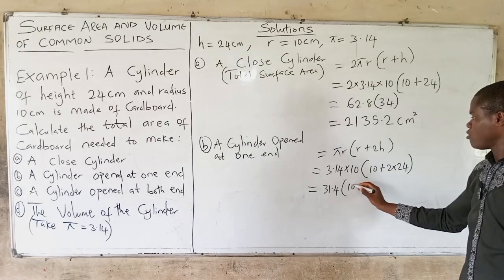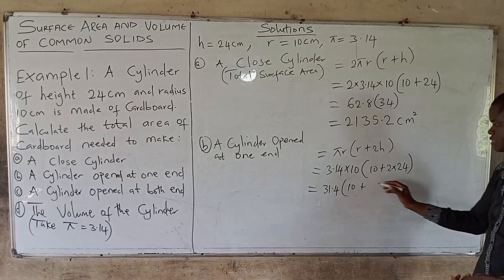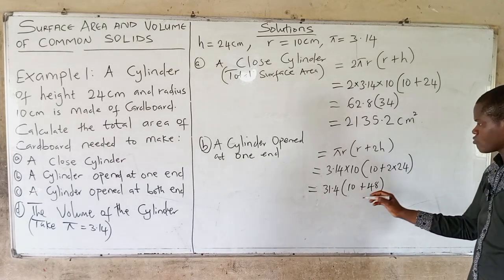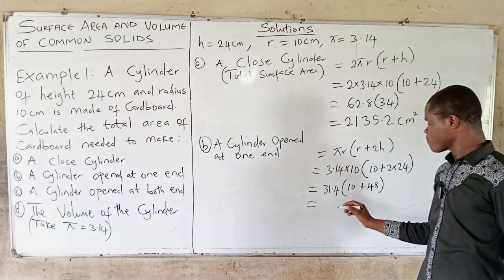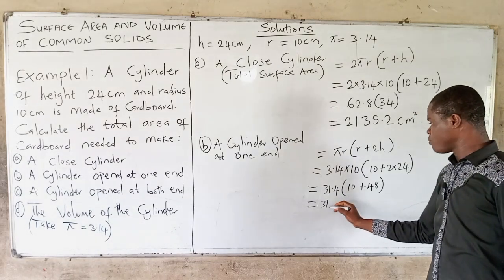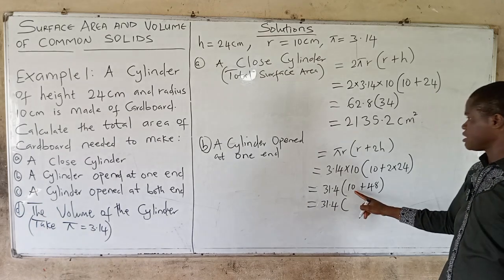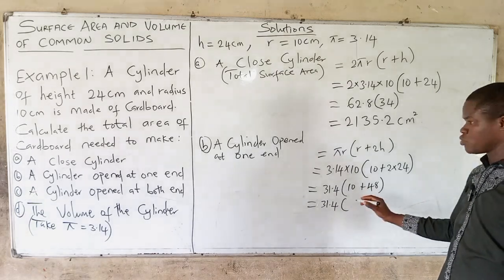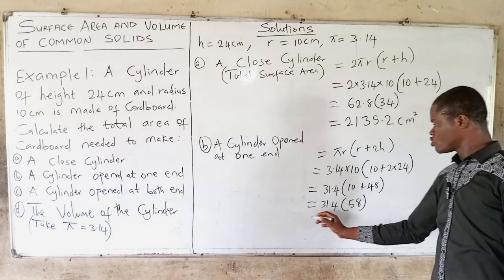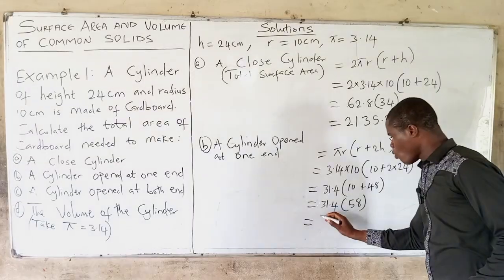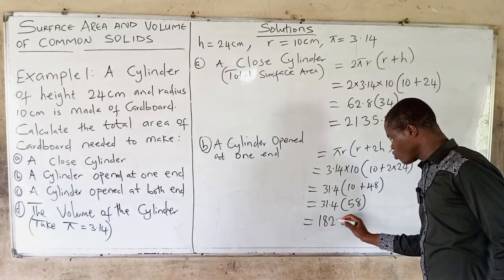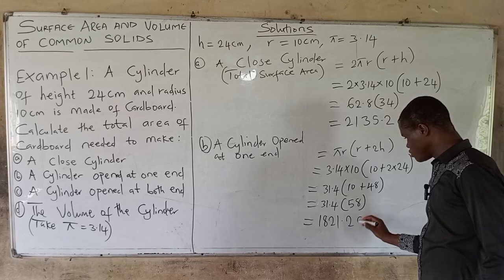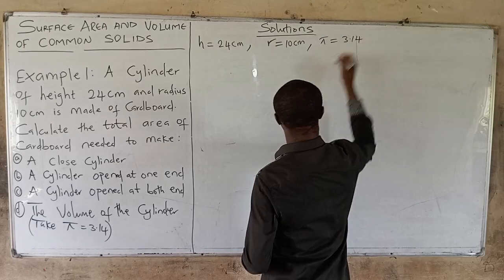Bracket 10 plus 48, that is 58. So this is equal to 1821.2 centimeter square.